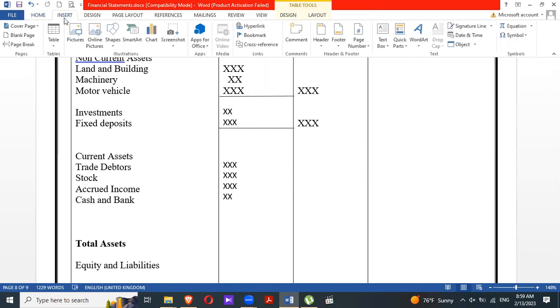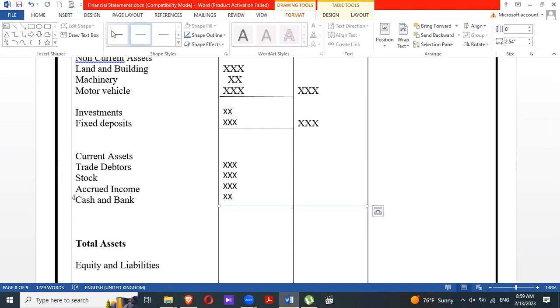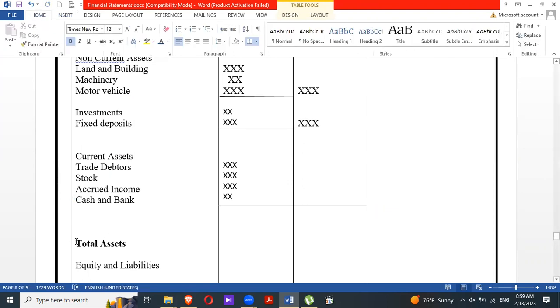Draw a line here and take the total to the other side. Like this, you can draw a line, because next we need to calculate the total assets. The summation of non-current assets can be taken into the total assets. Here you have to take the total for the current assets altogether.